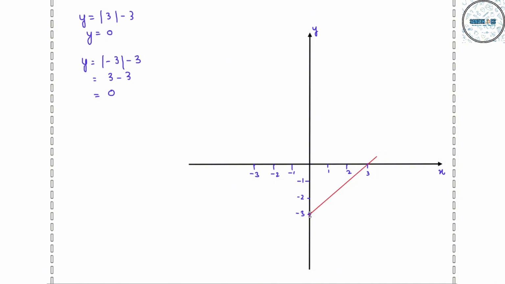In the same way, we will draw a line on this side of the graph. So this is a V-shaped graph. It is the graph of y is equal to absolute of x minus 3.